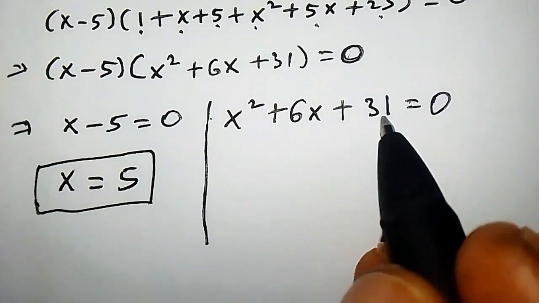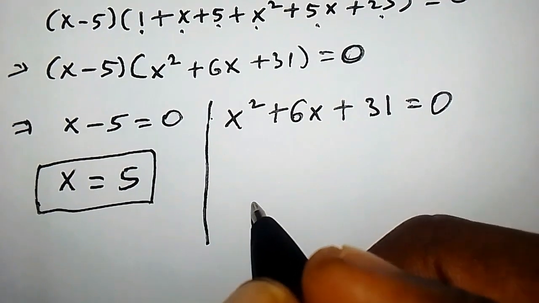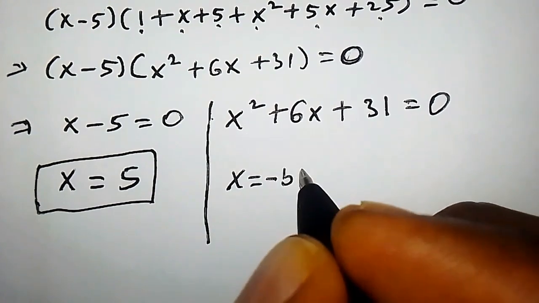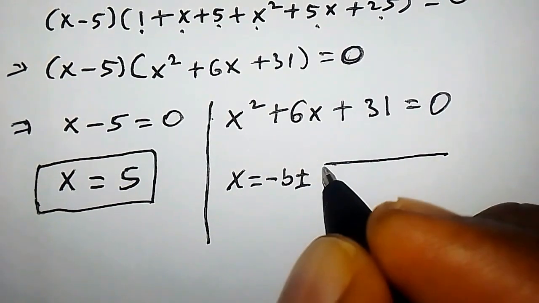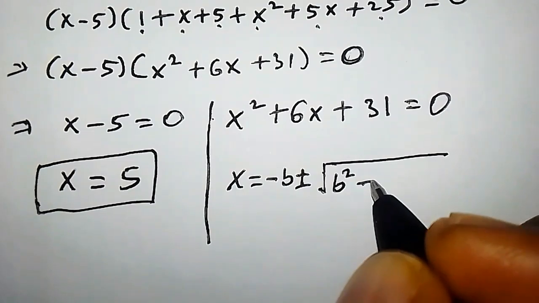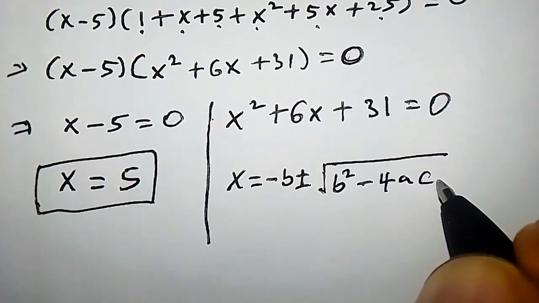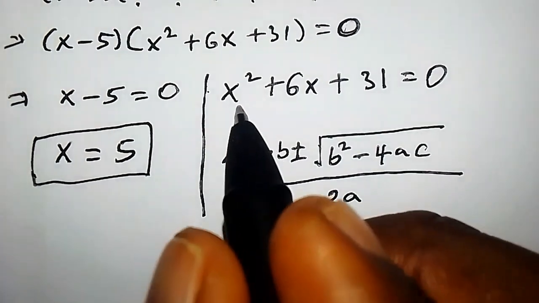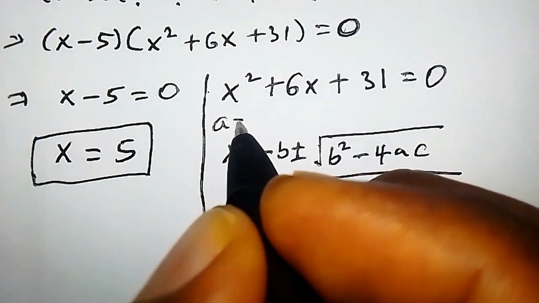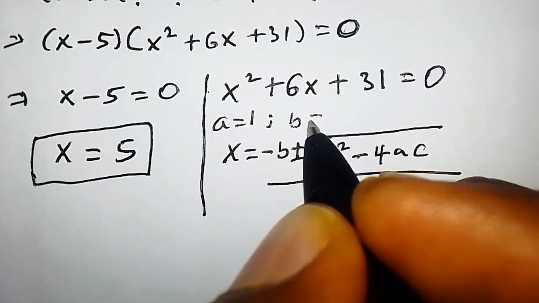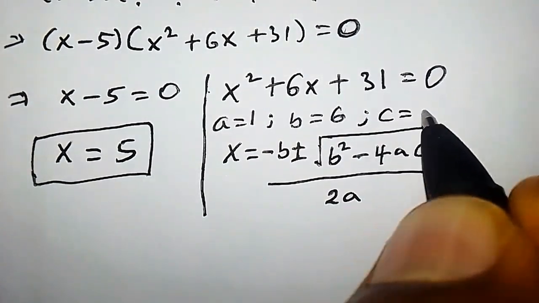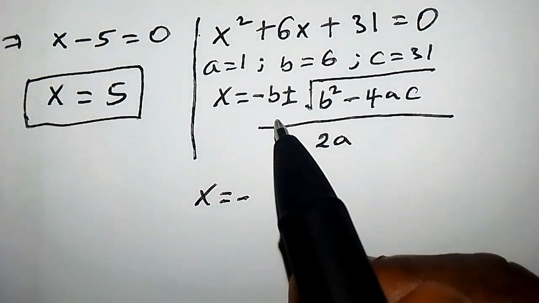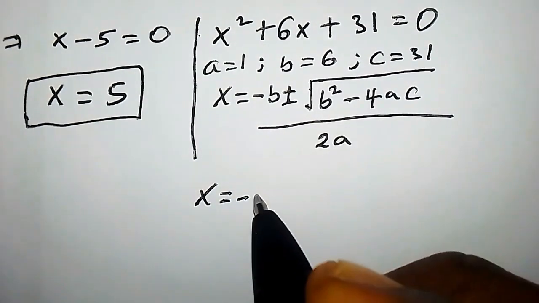Now, let us solve this quadratic equation. We can solve it using the quadratic formula, which is x equal to minus b plus or minus square root of b squared minus 4 times a times c, divided by 2 times a. From this equation, a is equal to 1, b equal to 6, c equal to 31. x equal to minus, what is the value of b? b is 6.